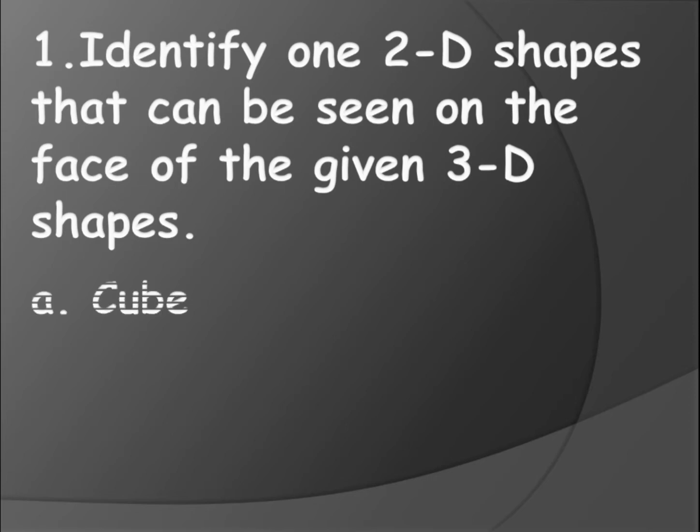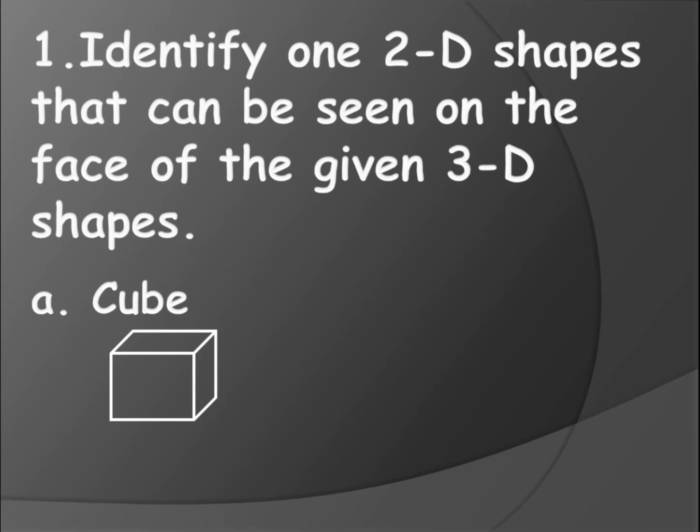So the first one is cube. This is how a cube looks. You can take the example of your dice or Rubik's cube. Those are examples of cubes. So what 2D shape can you see here?